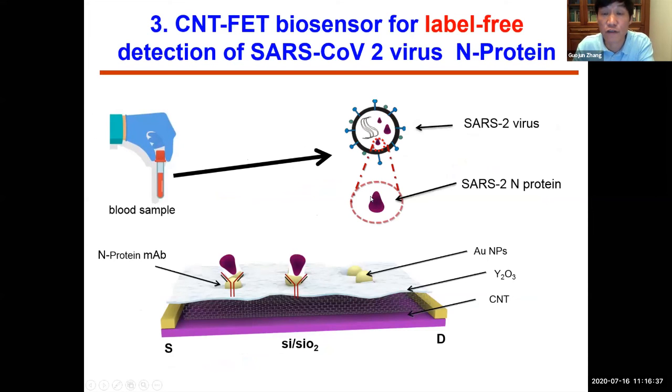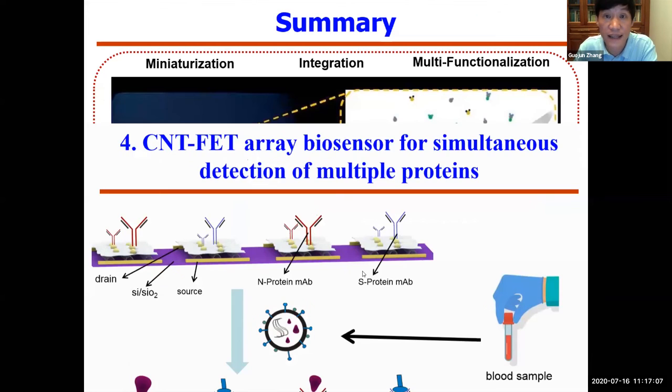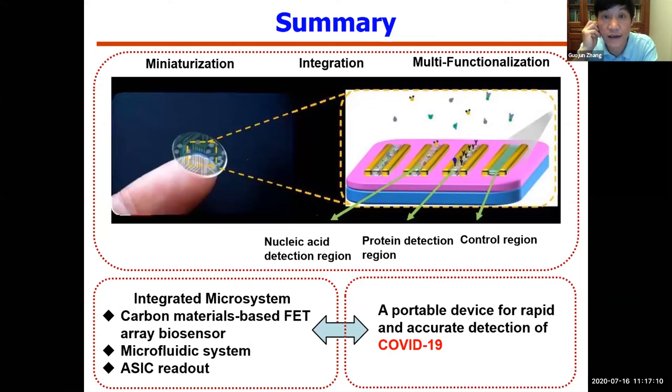The third work, different from the nucleic acid detection, we are going to use the CNT FET biosensor for label-free detection of the N protein. And the fourth work, based on the previous work, we are going to use this sensor to simultaneously detect multiple proteins. And I will go quickly. To summarize my work, we are going to miniaturize our device and do integration.